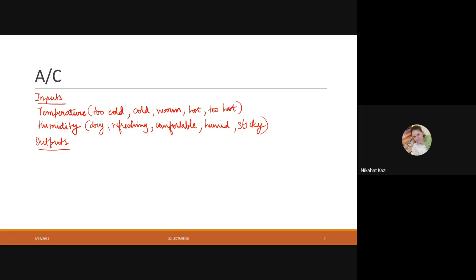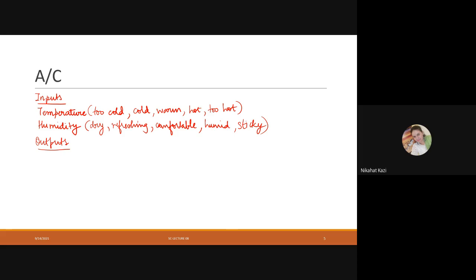So depending on whether the temperature is hot and it's humid, I need to do certain things in my AC such that the temperature is at par with what should be comfortable for the user.